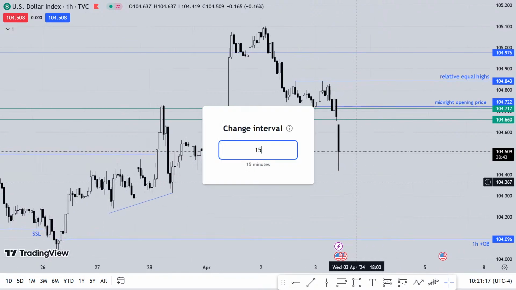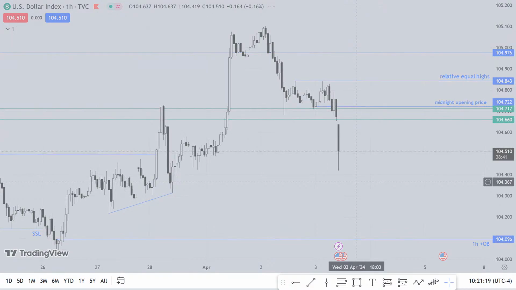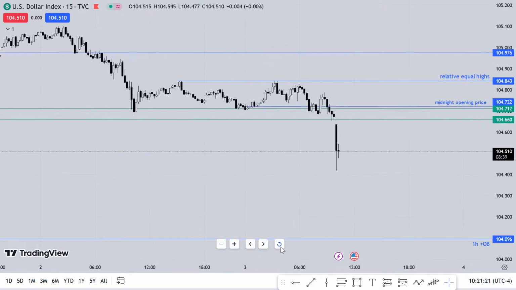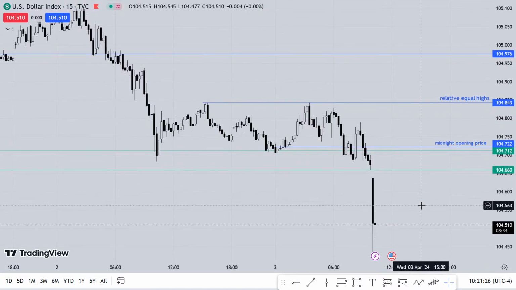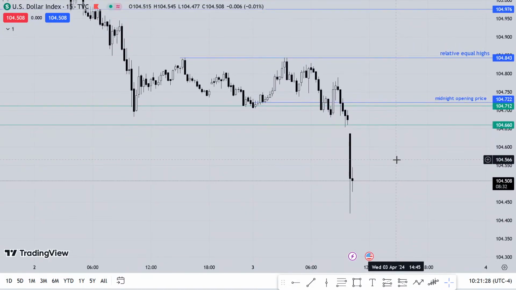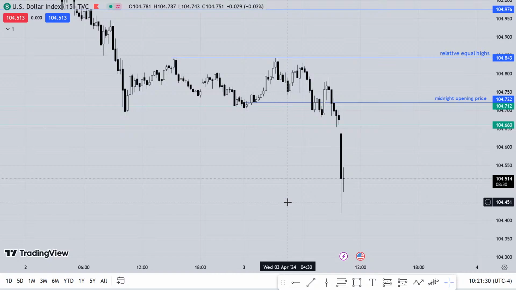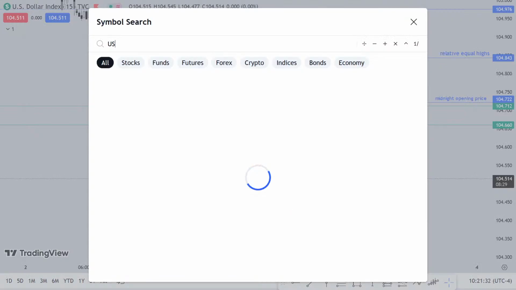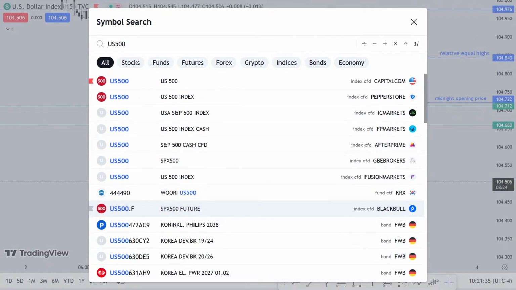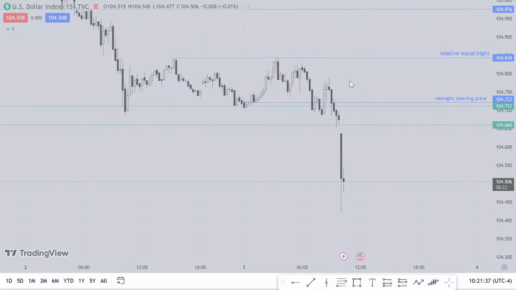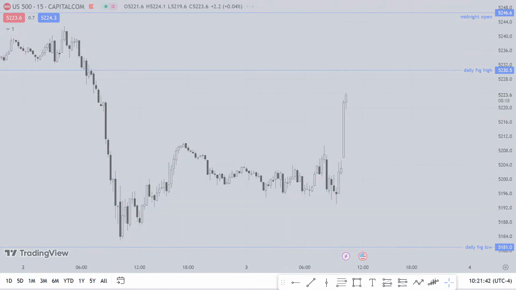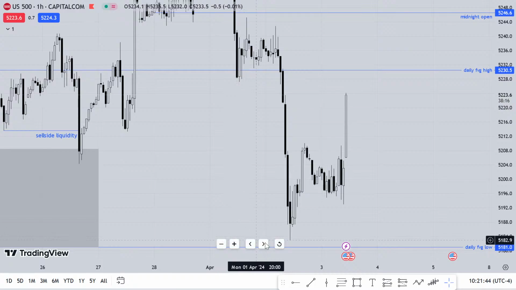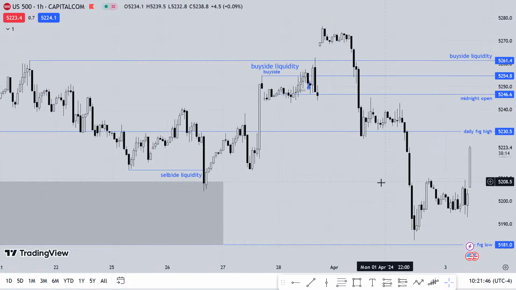So let's look at the lower time frame. Let's look at the US 500, which is the ES for this channel for now. What's price been doing?